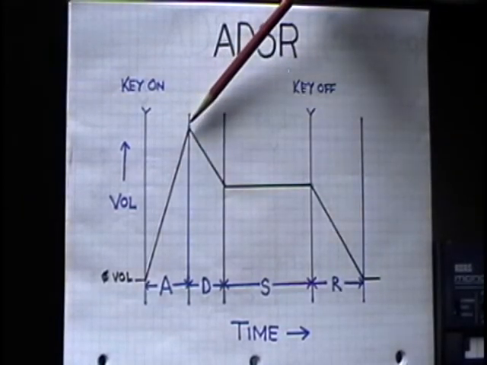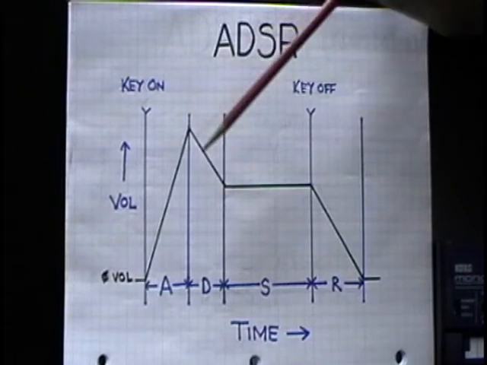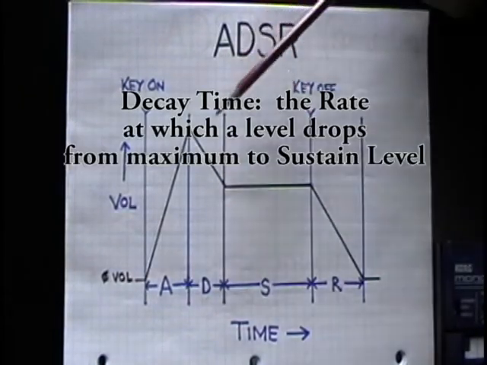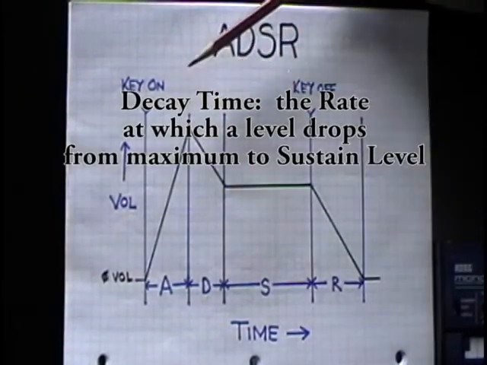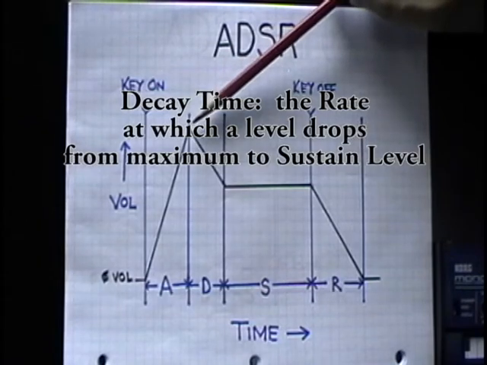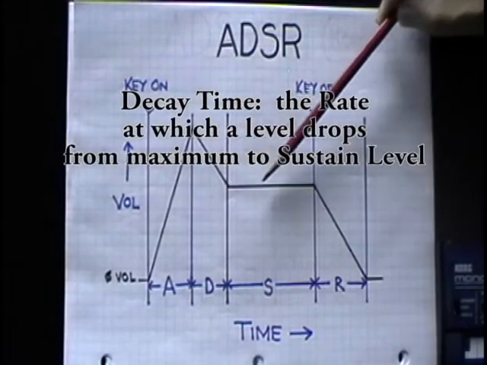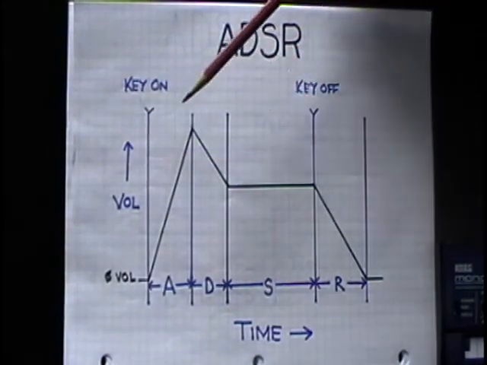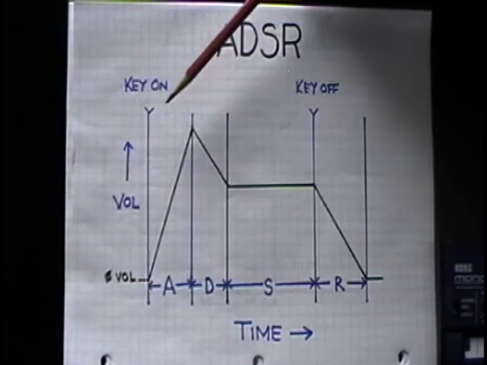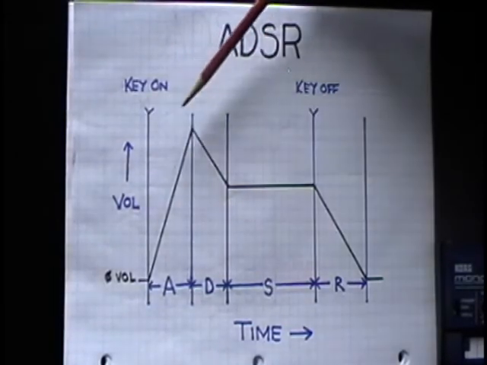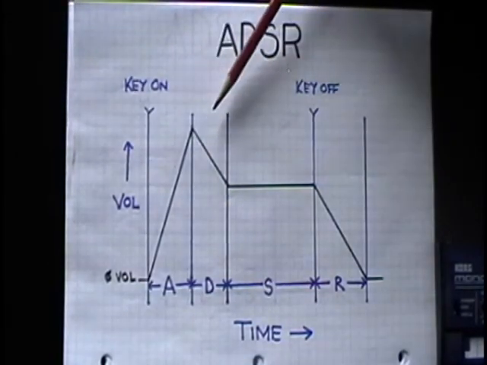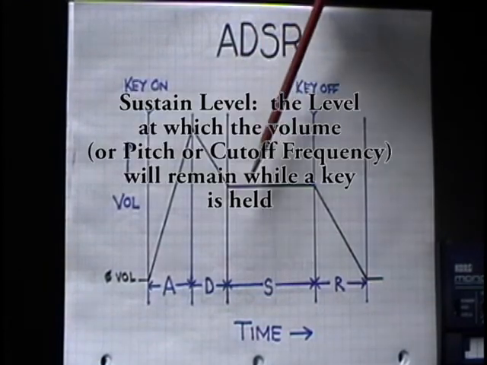The next stage of this envelope or contour is D, the decay. This determines the rate at which the volume drops from the maximum volume down to the sustain level. So the attack and the decay are times. These are expressed in terms of time. Sustain is actually a level.